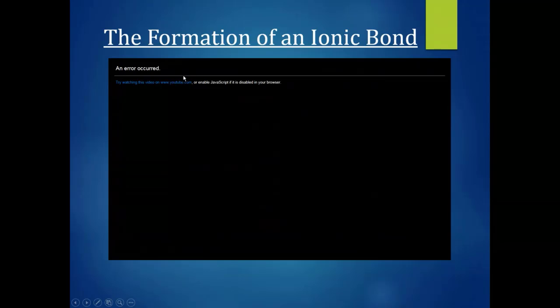I just briefly wanted to add that in general, we can say that metals tend to lose electrons and become positively charged, whereas nonmetals tend to gain electrons and become negatively charged. And these atoms tend to lose or gain electrons to feel like the noble gas nearest to them.